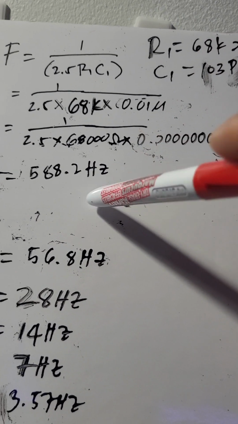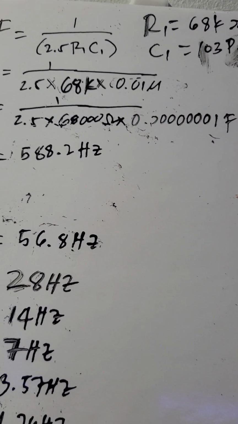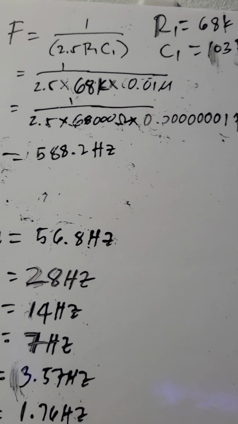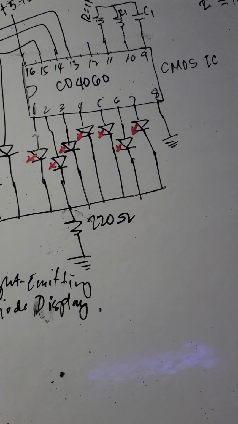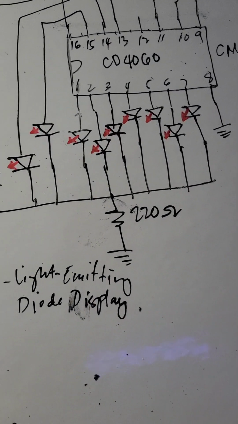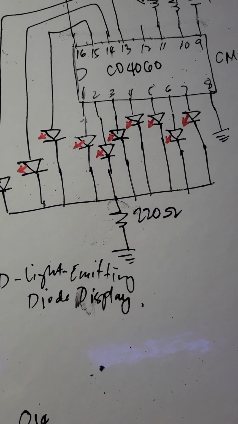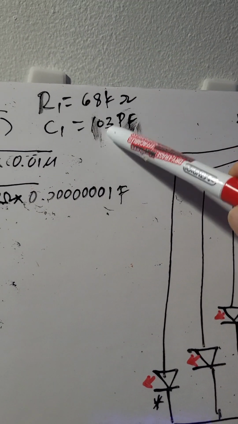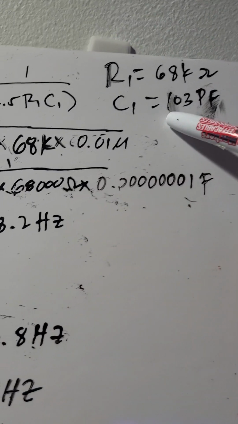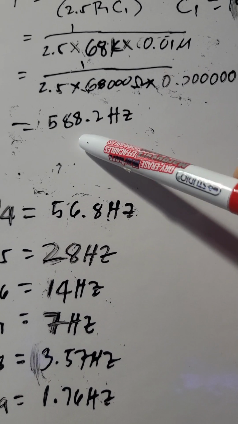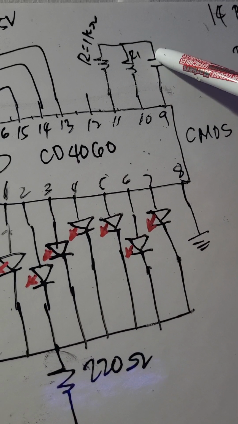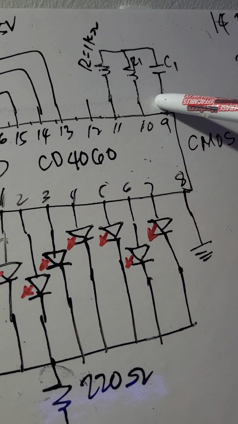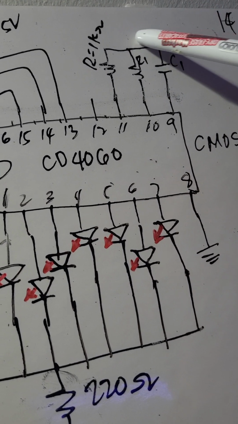But maybe in real application, applying this IC in commercial circuits, maybe they use more precise components that will have an output. Or actually, this RC here, you can replace with a fixed crystal oscillator.